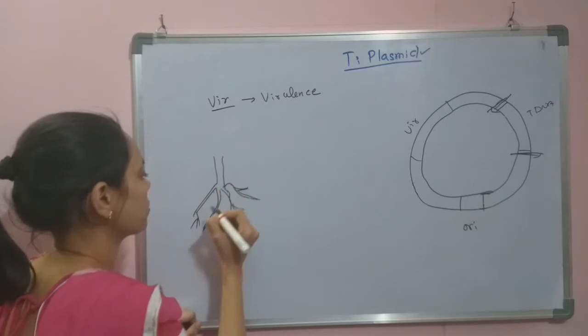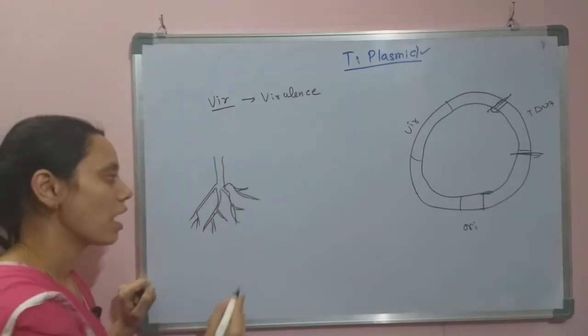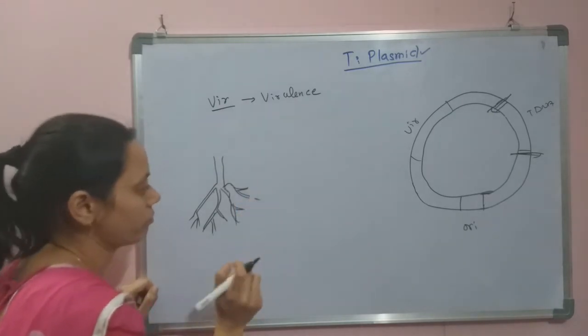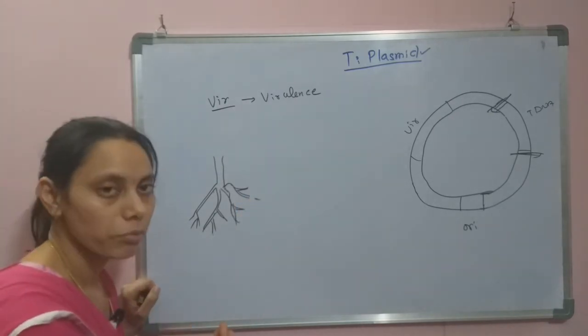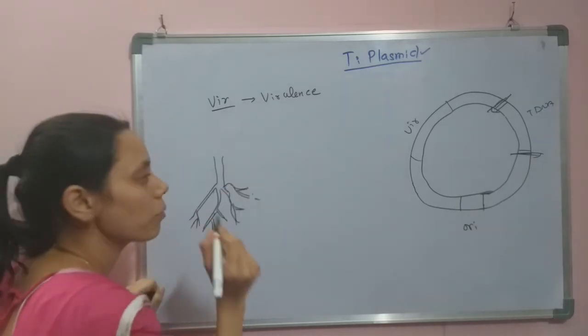So let us consider it as a plant root system, and here is a wound. Maybe because of mechanical reasons there is a wound on the plant.